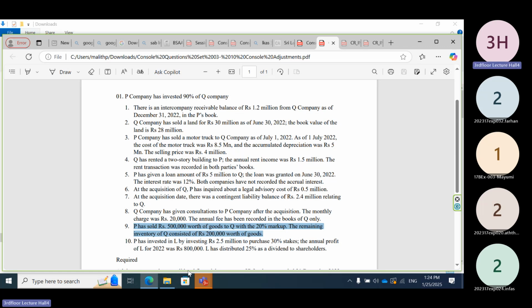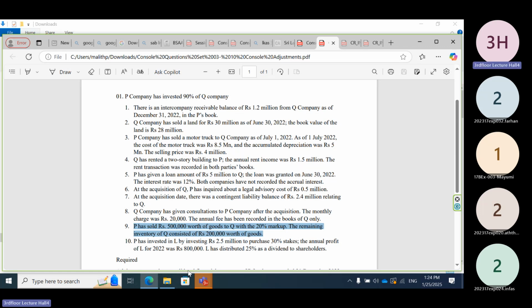So then it's the sales value. From the sales value, they have sold 500,000.